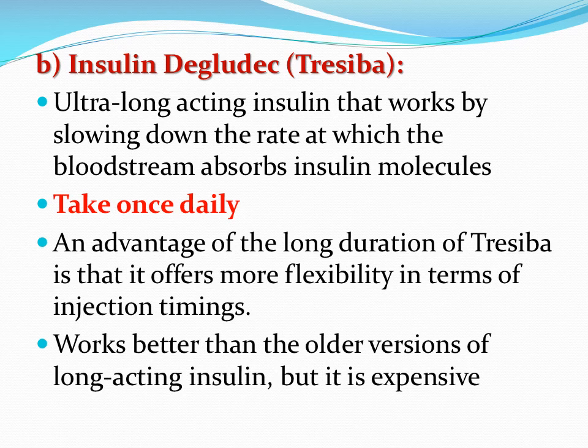One advantage of its long duration is that it offers more flexibility in terms of injection timing. It works better than older versions of long-acting insulin, but it's more expensive.